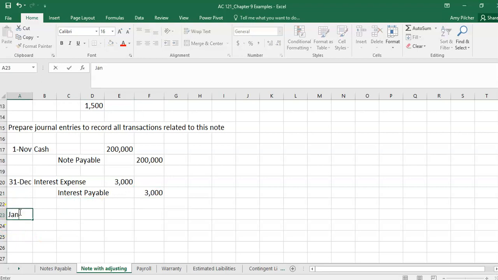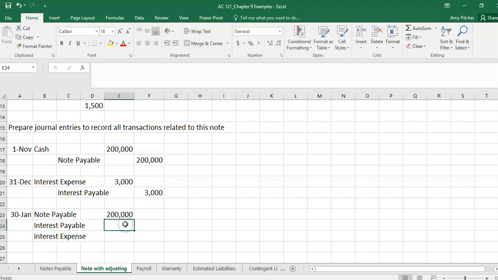On January 30th, we pay this note. We remove the note payable from our liability. We have our interest payable, and we would have an additional interest expense. So our note payable was $200,000.